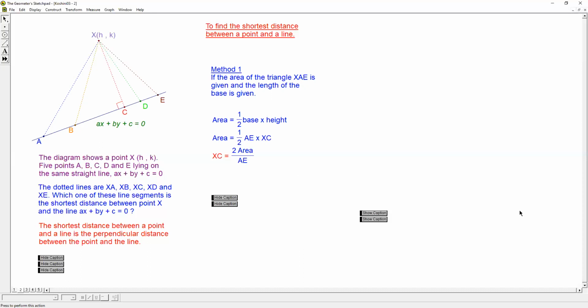Next, we have another method, and this method you probably are not going to study unless you go to Form 6 or matriculation, but I let you know first. The second method: if you know the coordinate of this point X, which is (h, k), and you also know the equation of this straight line, which is ax plus by plus c equals 0, I'm now referring to coordinate geometry.